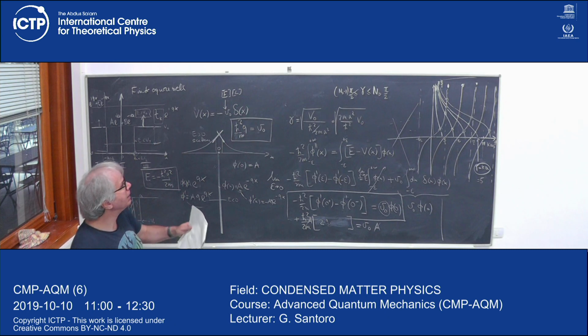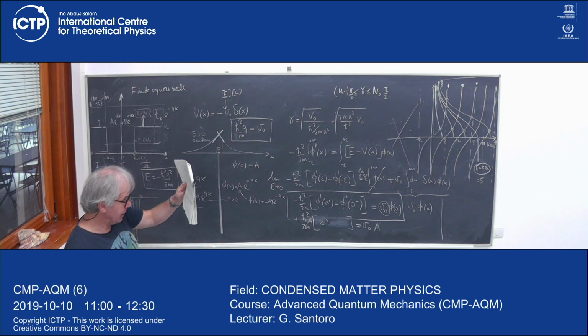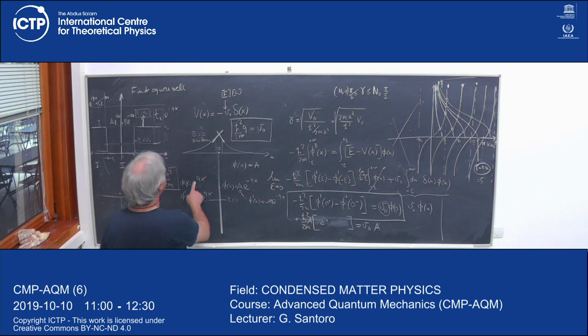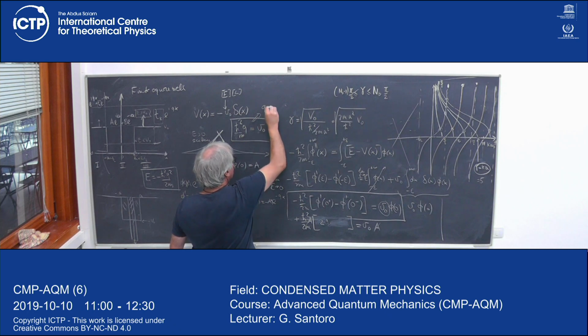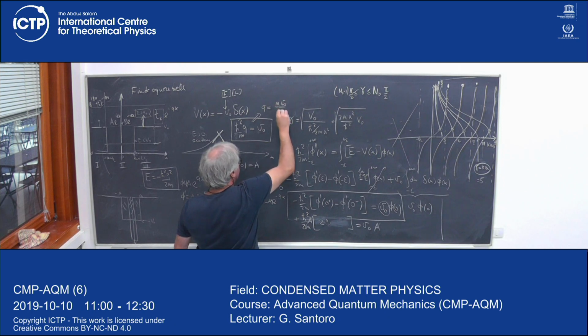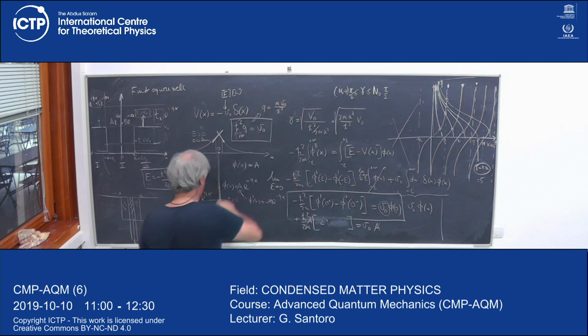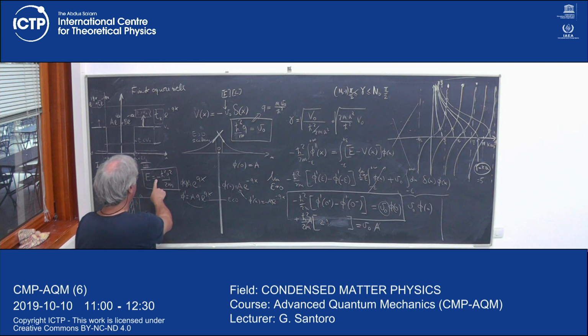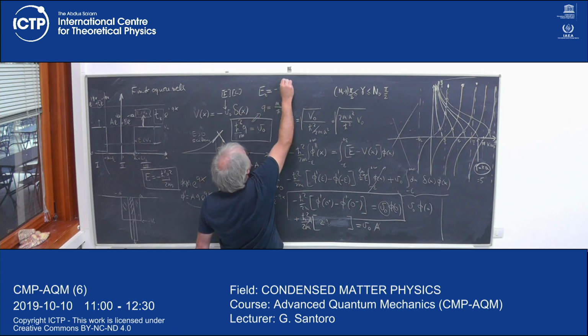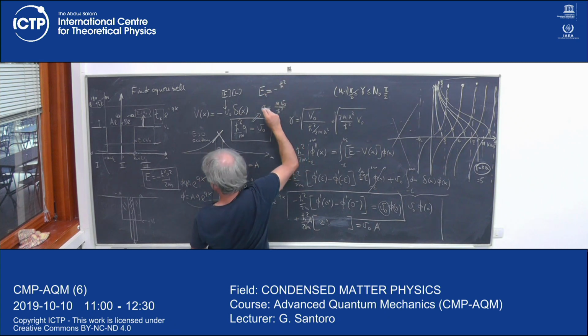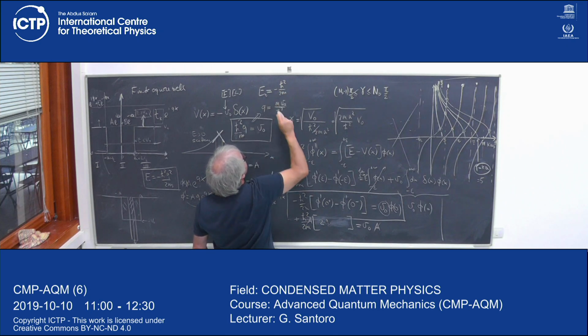Very good. Once you give me this, I could calculate E. So I could calculate from here q equal to m V0 divided by h bar squared. And therefore the energy E, the bound state energy, equals minus h bar squared, the square of this, divided by 2m.